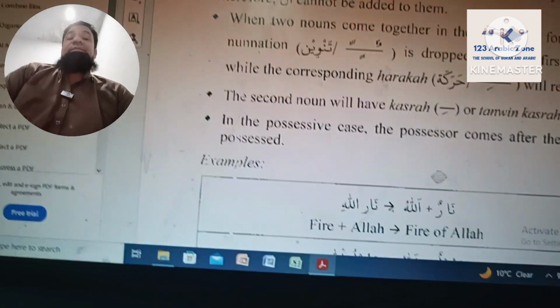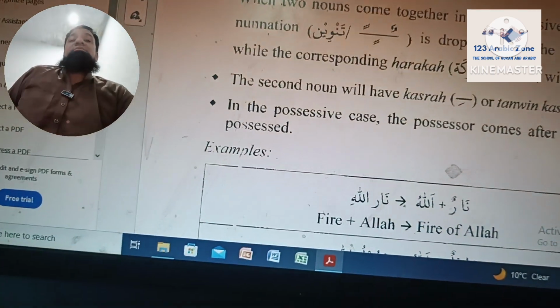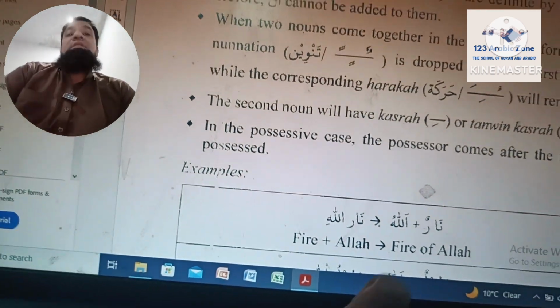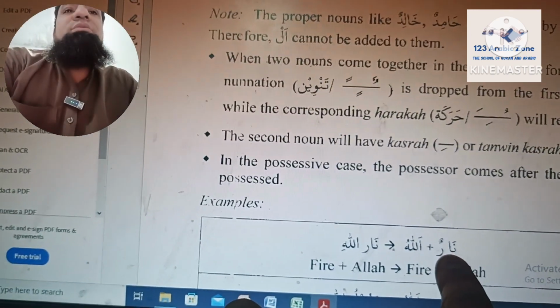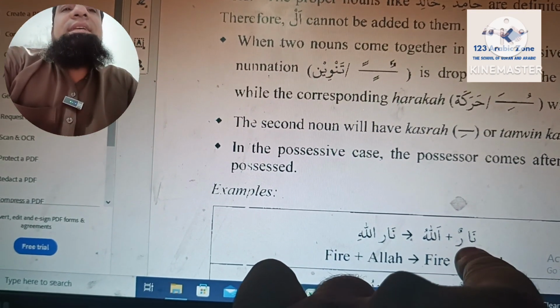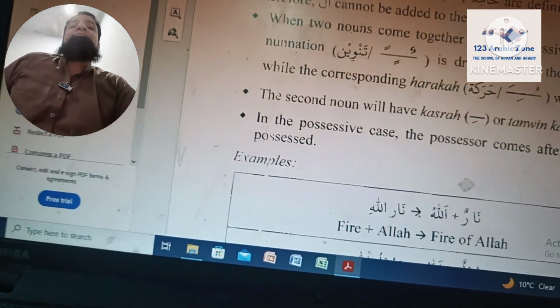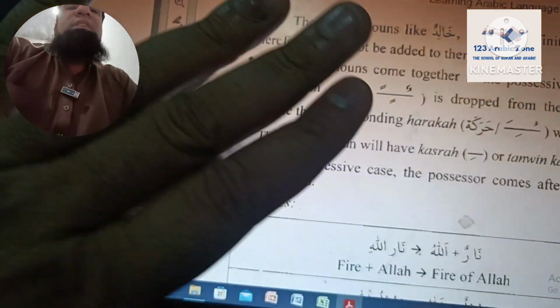See, narun, Allahu. Narun is an indefinite noun. Allahu, lafzul jalala, is definite.